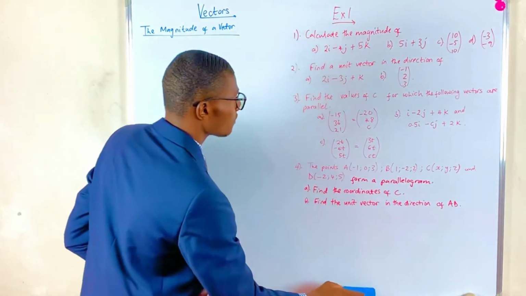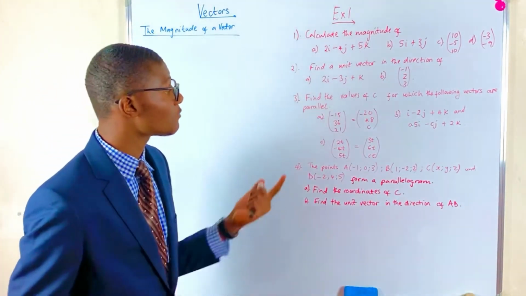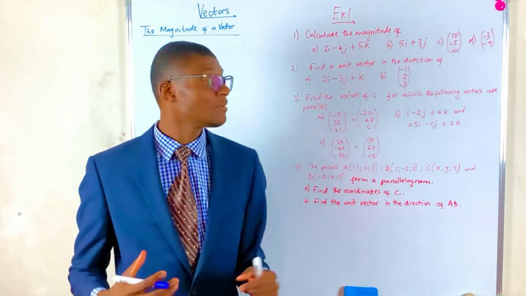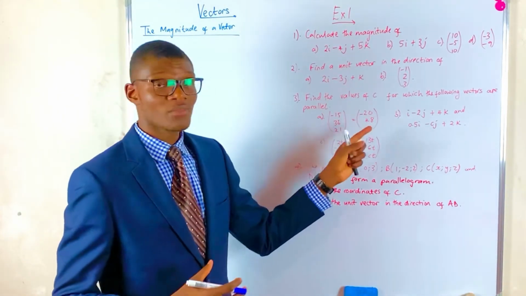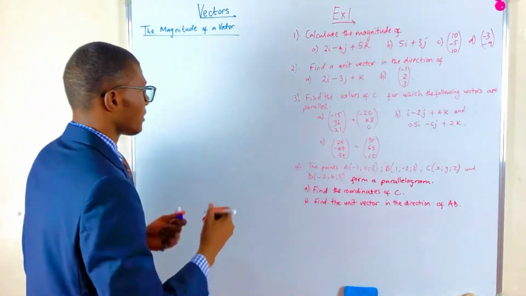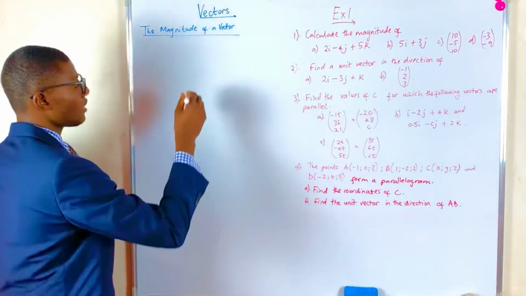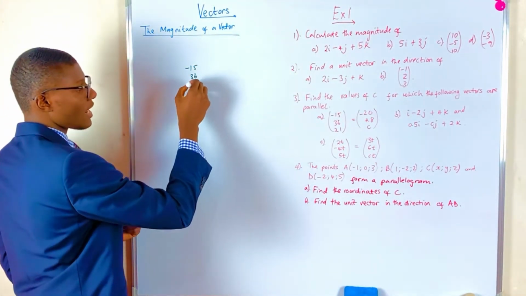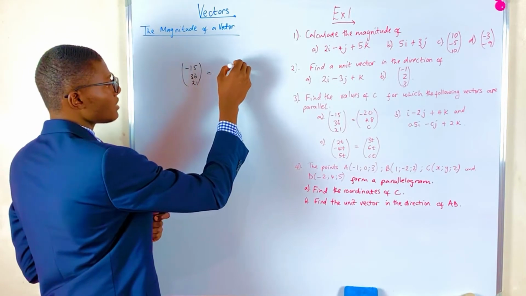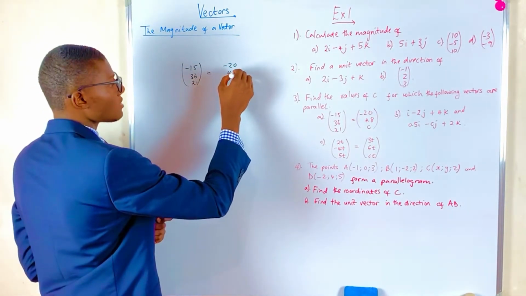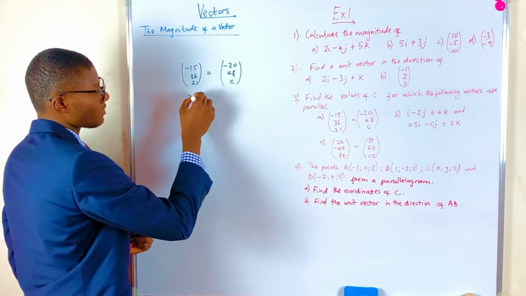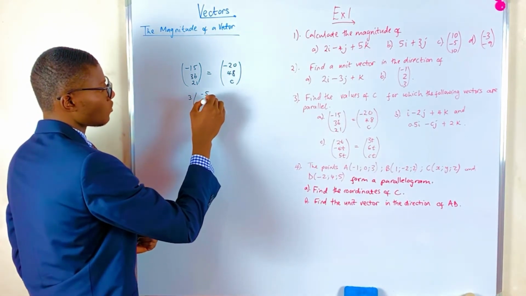For number 3, we're asked to find the values of C for which the following vectors are parallel. The basic idea that we have to implement is to factor out some scalars in such a way that what remains for these vectors is the same. For the first one, we've got minus 15, 36, and 21 being parallel to minus 20, 48, and C. If we factor out 3 here, we get minus 5, 12, and 7.